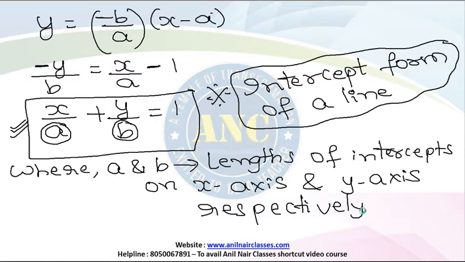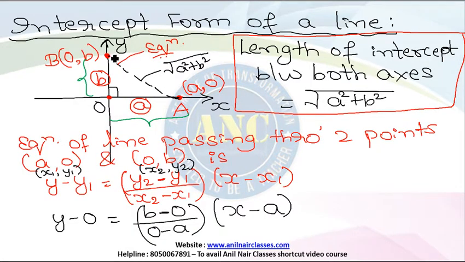And I also already told you that the distance between these 2 points a and b, or in other language, the length of intercept between these two axes, x-axis and y-axis, is given by the hypotenuse, which is nothing but square root of a square plus b square.